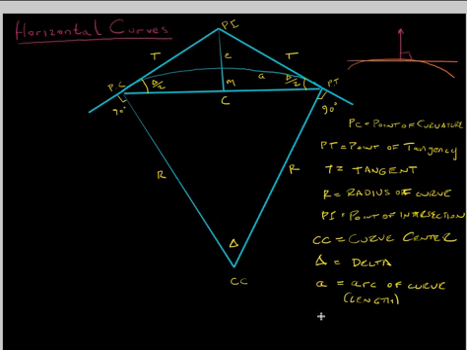All right, E is your external. External is the distance from the PI to a point on the curve halfway along the arc. M is the mid-ordinate.